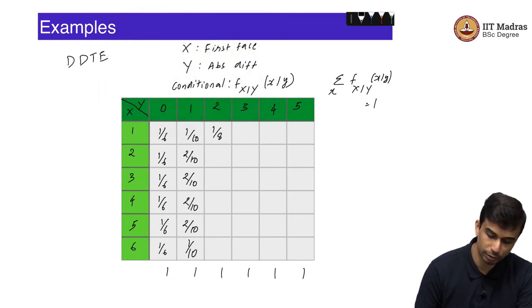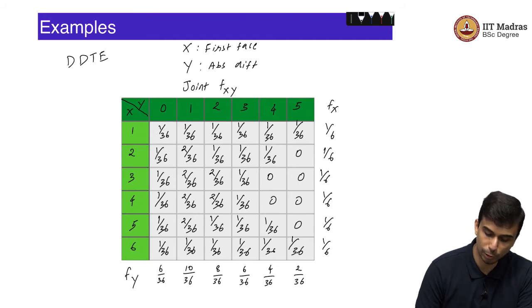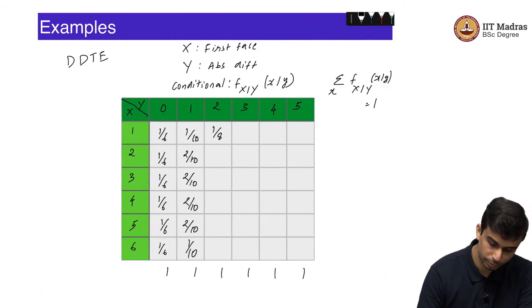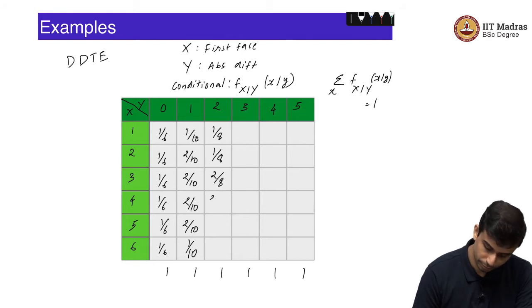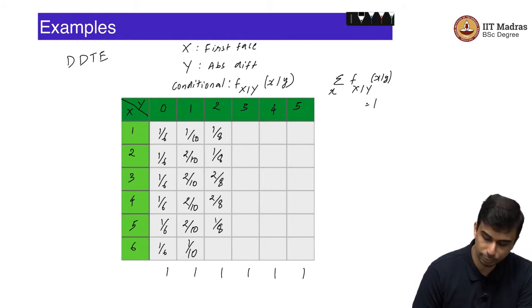Similarly, you can do that for the third column also. You get 1 by 8, 1 by 8, 2 by 8, 2 by 8, 1 by 8, 1 by 8.